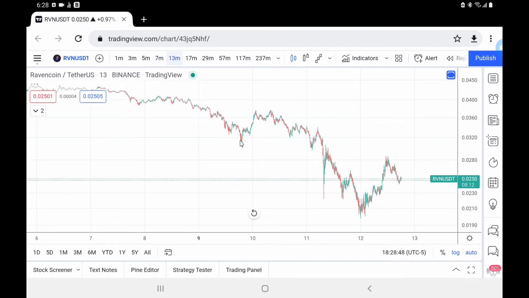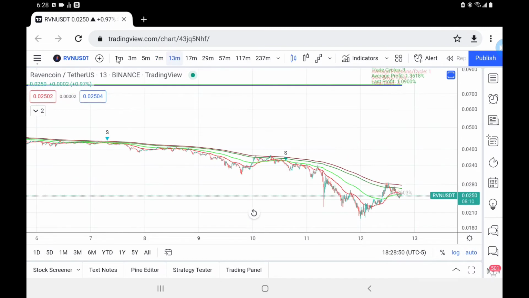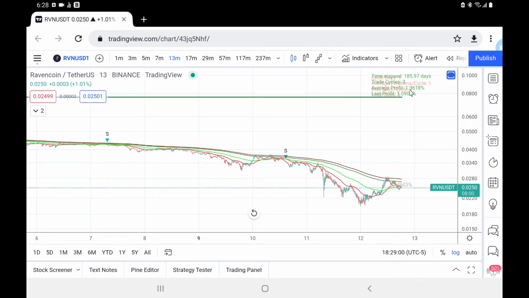Let's go up. And yes, you'll notice all my time frames are prime numbers. I did that deliberately because I believe it gives me a better advantage on the market. So as you can see, the higher the time frame, the less likely you're going to get a good number of trade cycles.